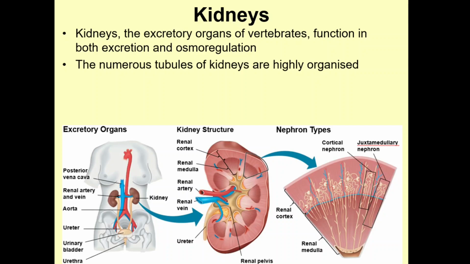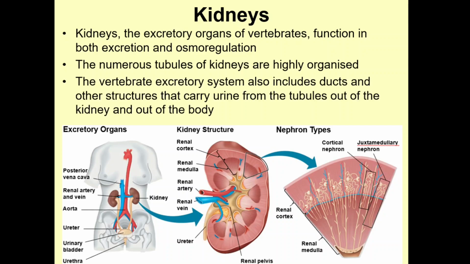We see similar kinds of arrangements within our kidneys. They're very, very complex arrangements. So the vertebrate excretory system will also include ducts and other structures that carry urine from the tubules out of the kidney and ultimately out of the body.